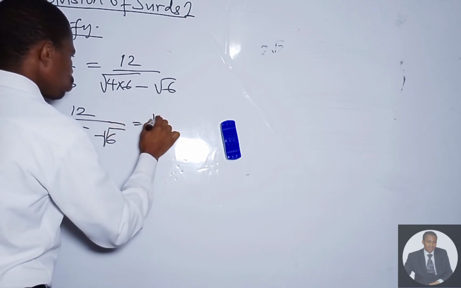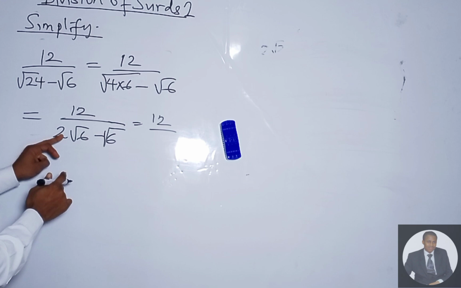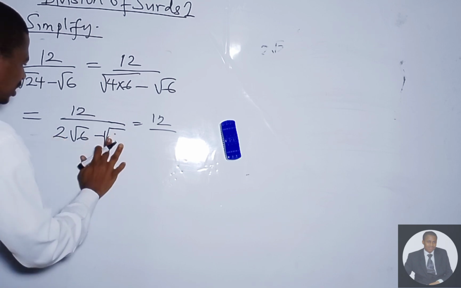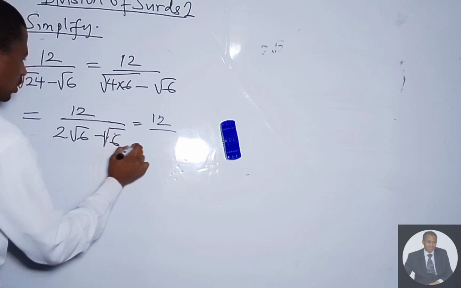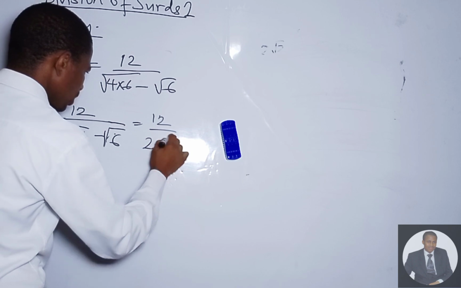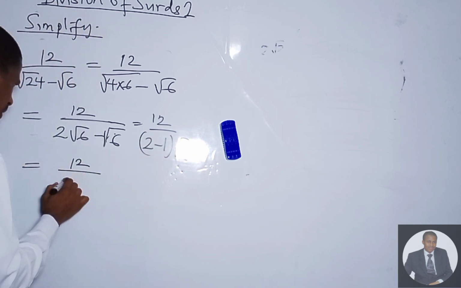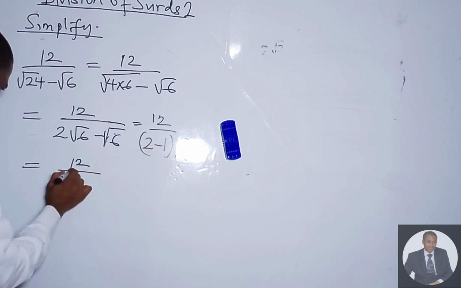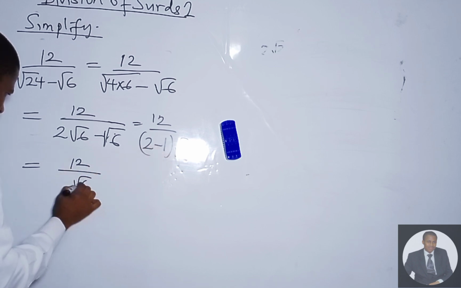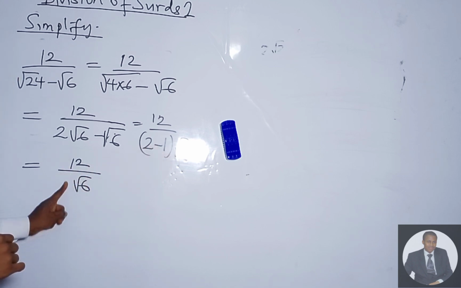The coefficient of root 6 here is 1. So it's the same thing as saying 2 minus 1 root 6. That will give us 12 over 2 minus 1, that's 1, then root 6. We will not put 1 here because it's commonly known that the coefficient of root 6 is 1.